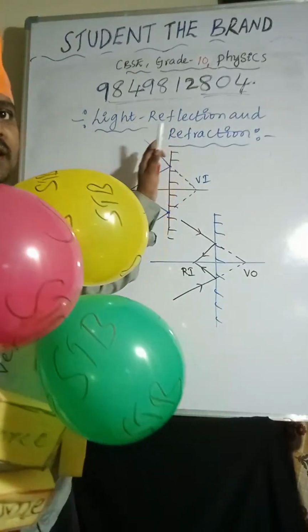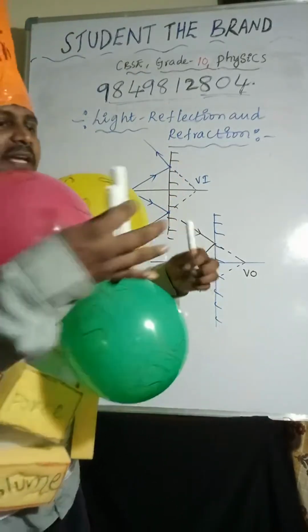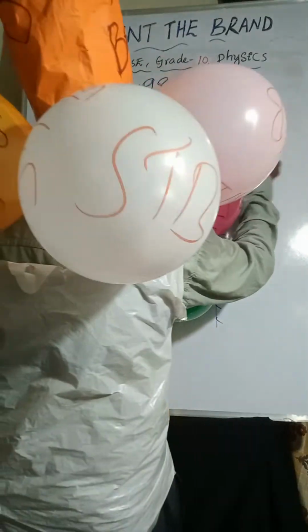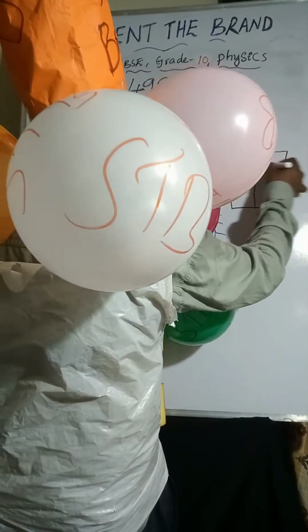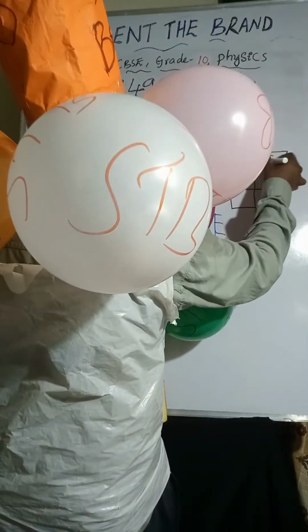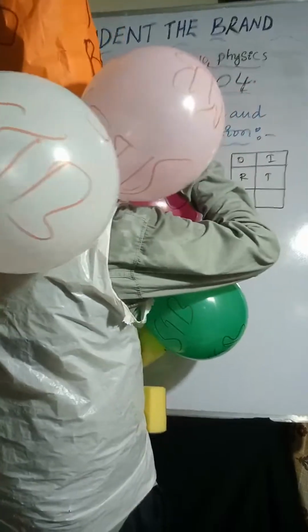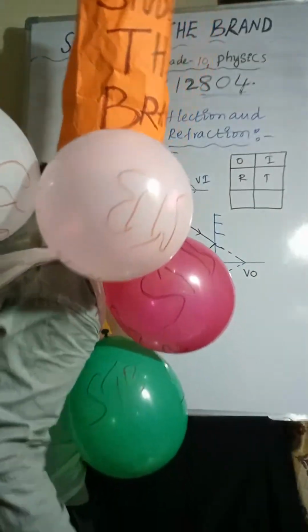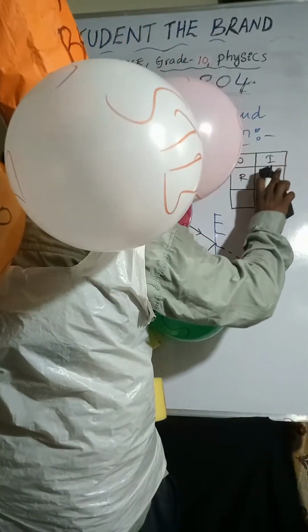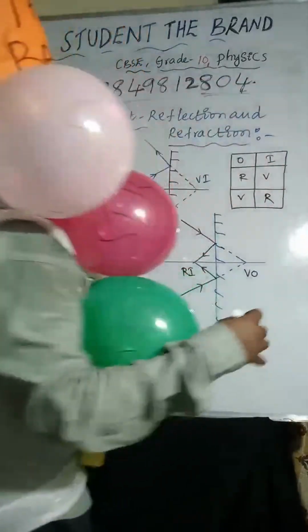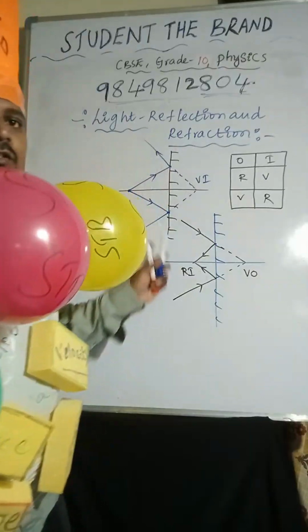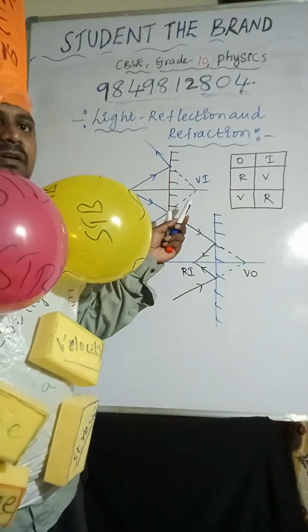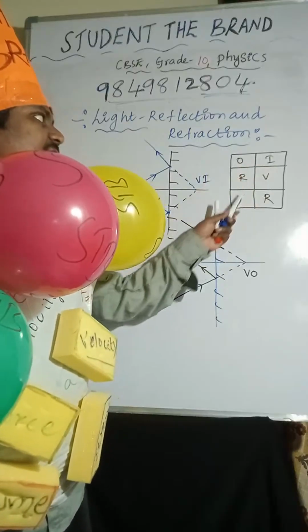So by observing these two diagrams, we can conclude that in one case the object is real and the image is virtual, and in the other the object is virtual and the image is real.